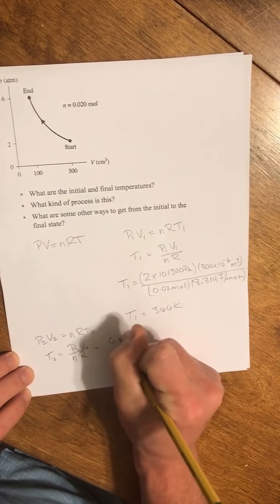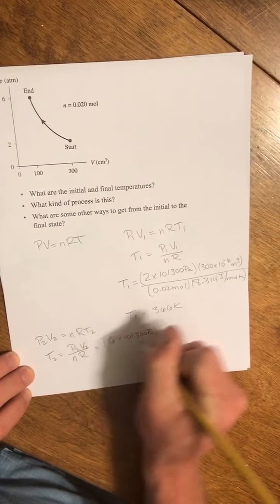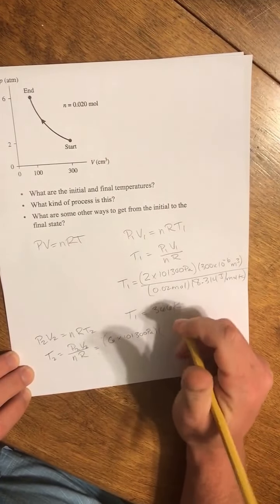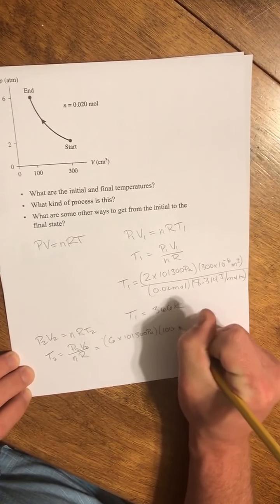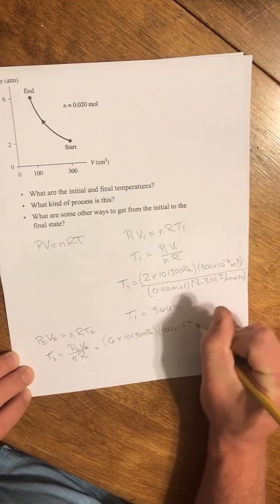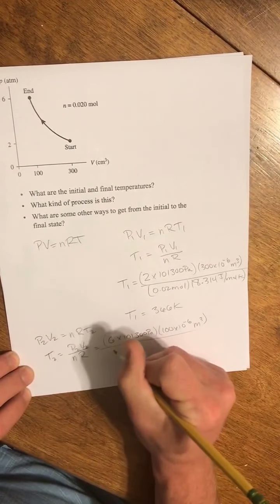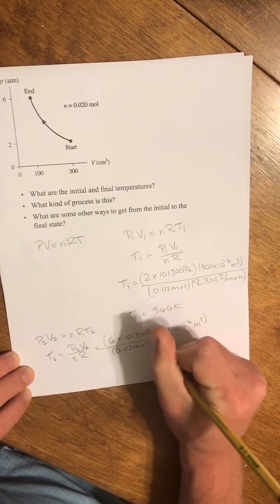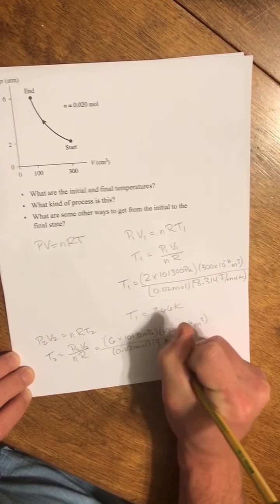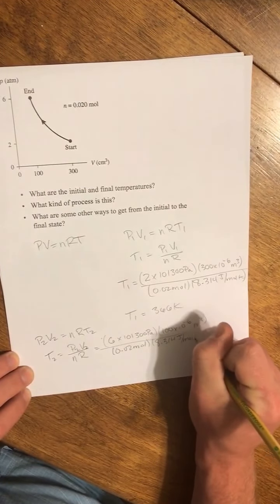So this is going to be 6 times 101,300 pascals times the volume, 100 cubic centimeters from the chart, so 100 times 10 to the minus 6 cubic meters, divided by the number of moles, 0.02 moles, times the ideal gas constant, 8.314 joules per mole Kelvin.